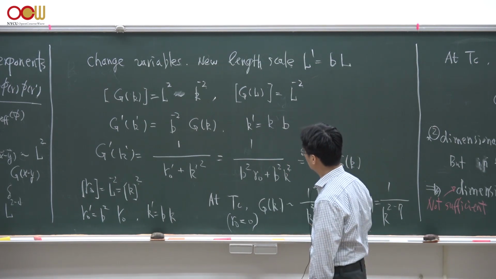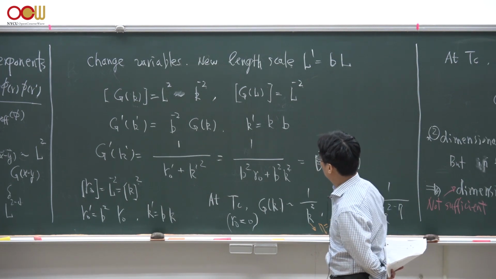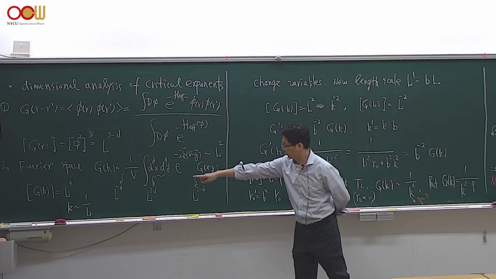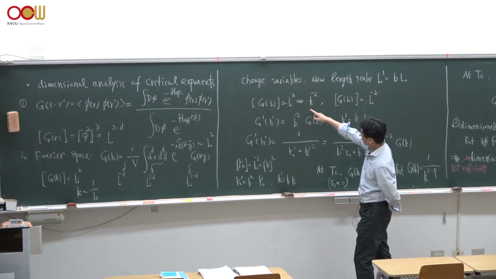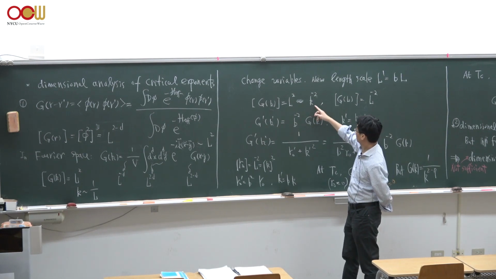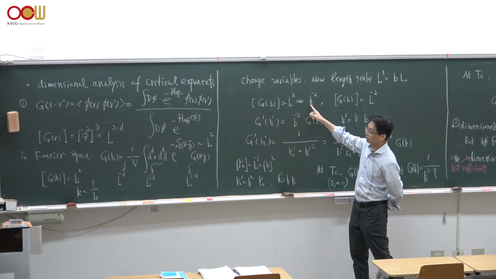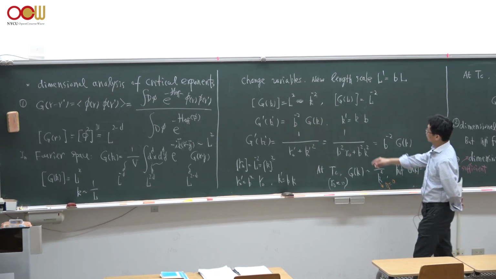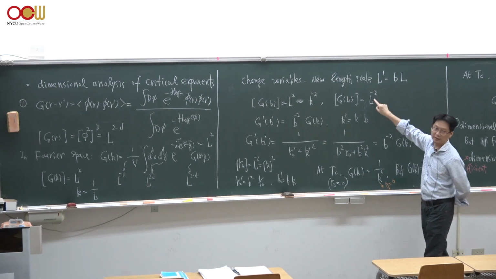Taking advantage of this inversely proportional relation between k and L, we know that g of k in k space has a dimension k to the power of minus 2, because L is inversely proportional to k. Likewise, g as a function of L has a spatial dimension L to the power of minus 2.